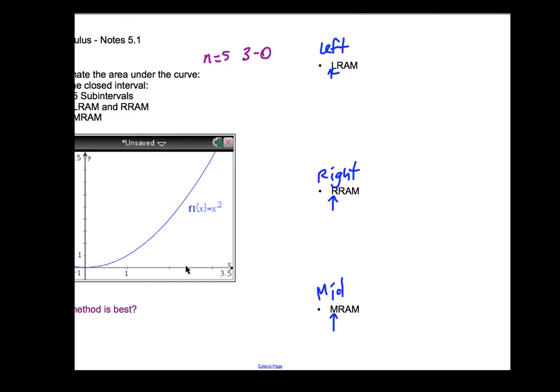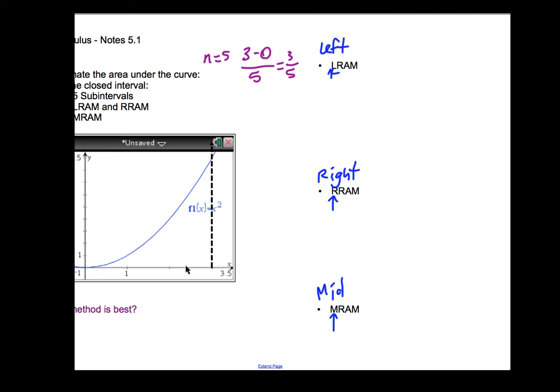So stop minus start divided by the number of partitions. This is going to be 3/5. So every 3/5 of a unit, we're going to have a partition all the way up to 3. So my 3 is right here. Let's do that so we can see where we're going to stop. And then let's look at 3/5.